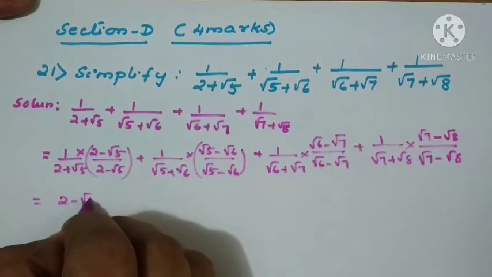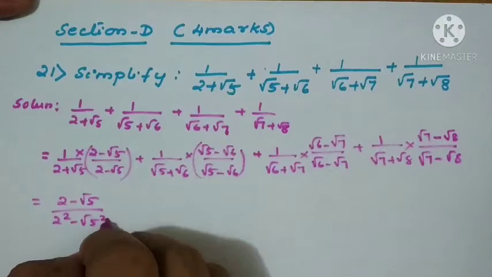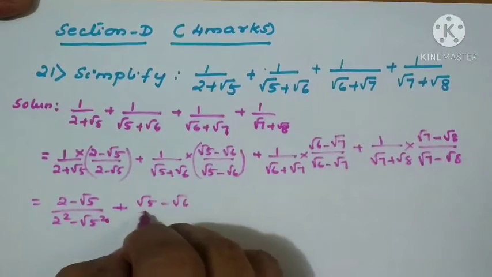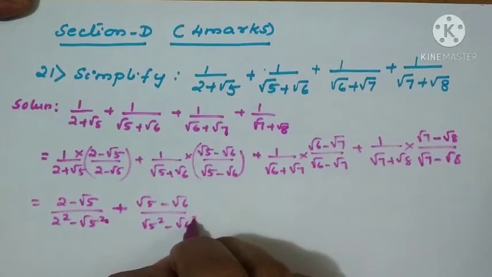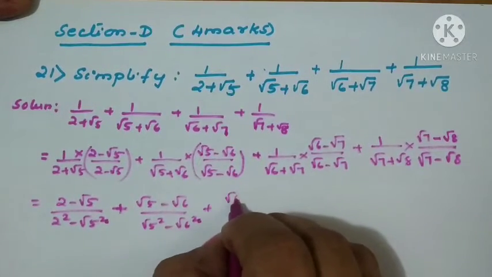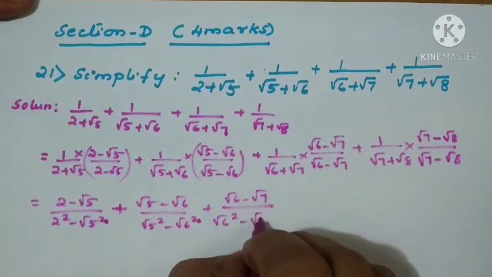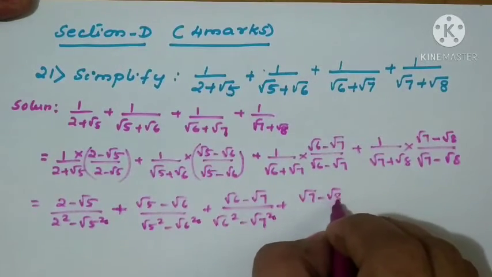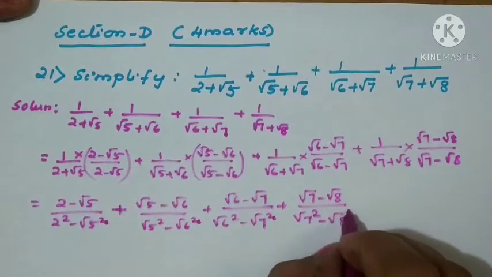2 minus root 5 in the numerator, 2 square minus root 5 square, plus root 5 minus root 6 divided by root 5 square minus root 6 square, plus root 6 minus root 7 over root 6 square minus root 7 square, plus root 7 minus root 8 divided by root 7 square minus root 8 square.